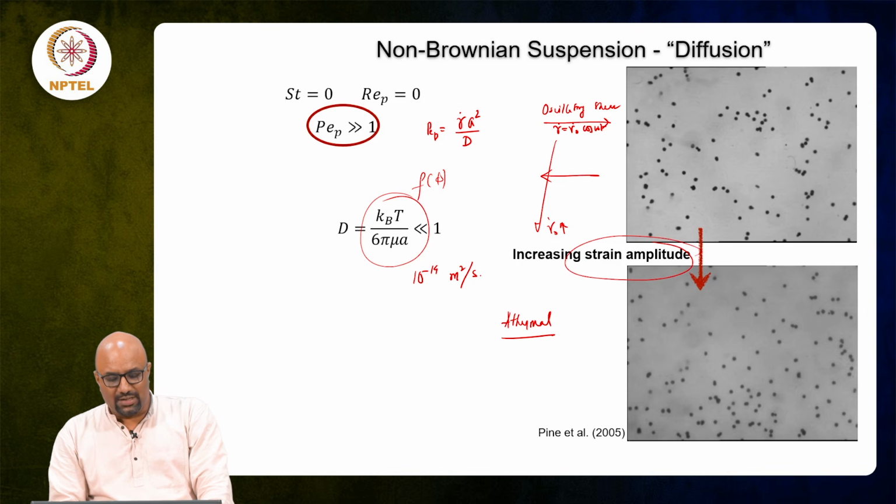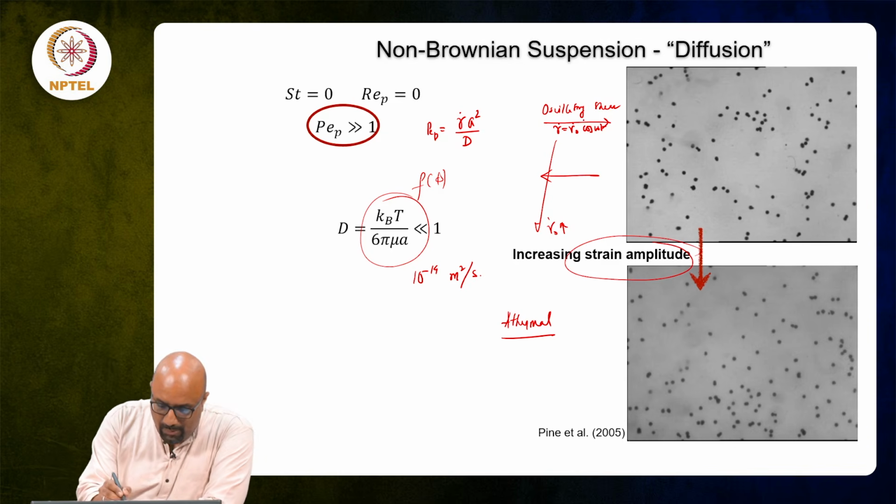You know kT by 6 pi mu A has the dimension of diffusivity. What would be another way of getting something that is a function of the variables in the problem and has dimensions of diffusivity? Go back to this problem.